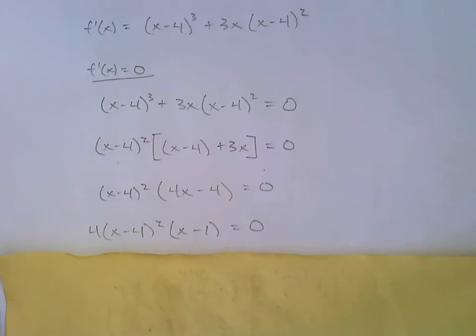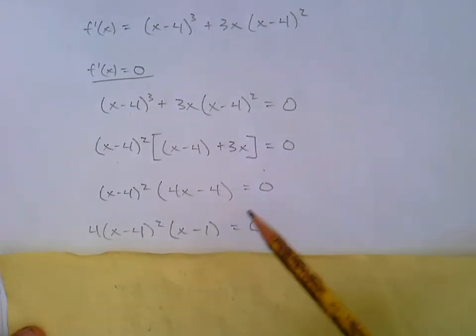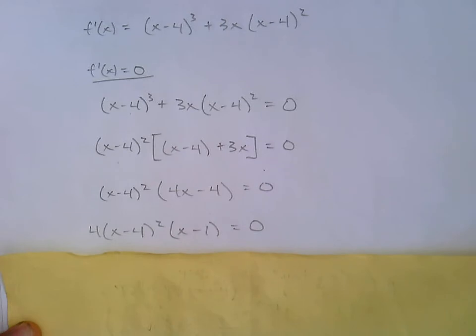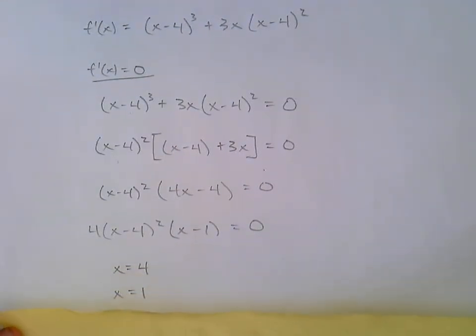There'd be some synthetic division, some guess and check, right? Rational roots theorem. You can go there if you must, but 1, 2, 3, boom. Okay, so we got a couple of criticals here: x equals 4, x equals 1 from that equation.